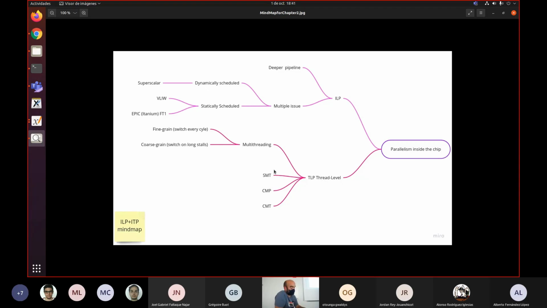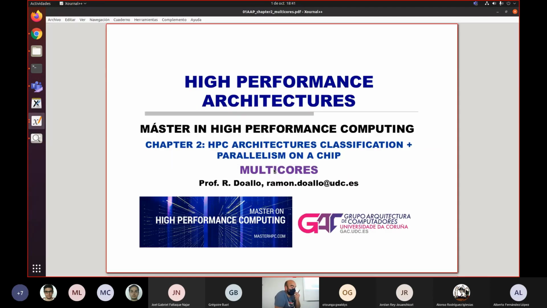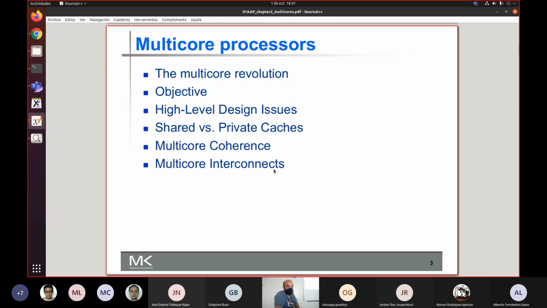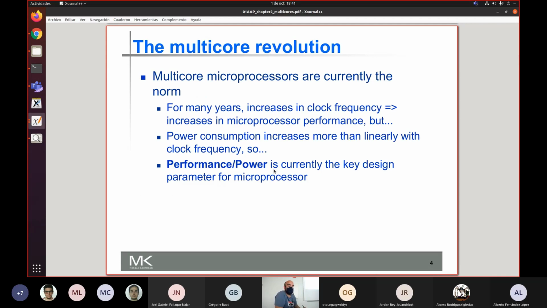So what we are going to talk about now are just some design considerations about multi-core processors. Let's review one more time the historical context in which multi-core processors arise. Until the beginning of the 21st century, every new family of processors from Intel, AMD, or whatever, based the increase in performance on the increase of the frequency of the processor.